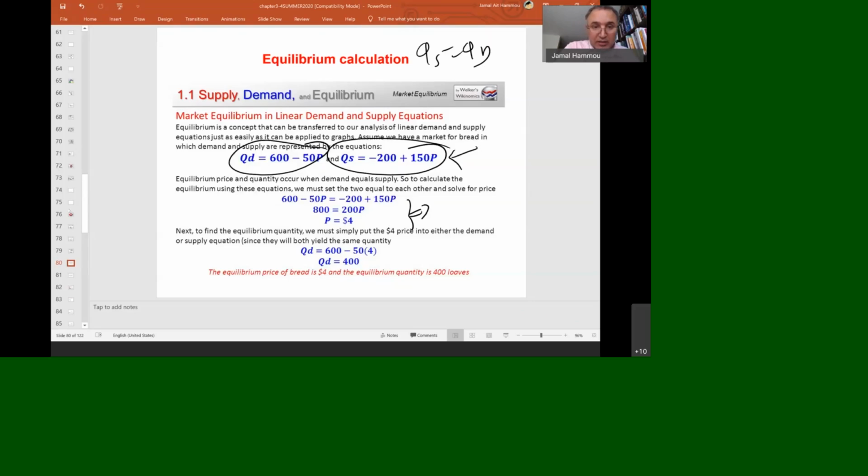So I will do QD equals QS, and I will replace each with its equation, and I will solve it for the equilibrium. So let's go step by step. I want you to be sure to know how to do this.